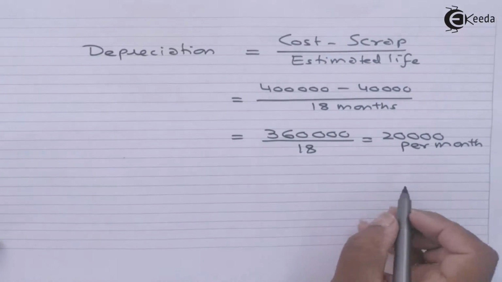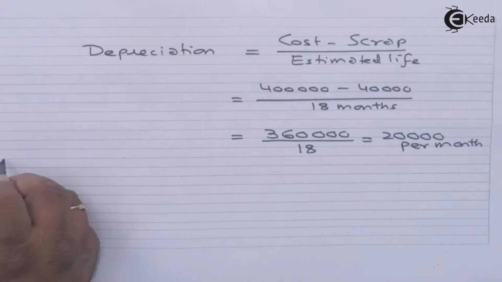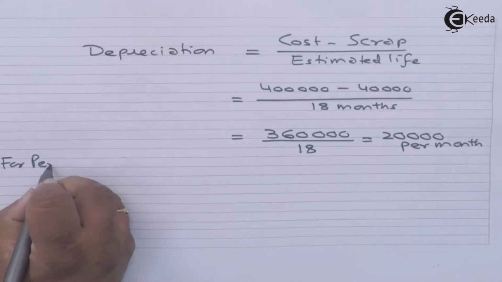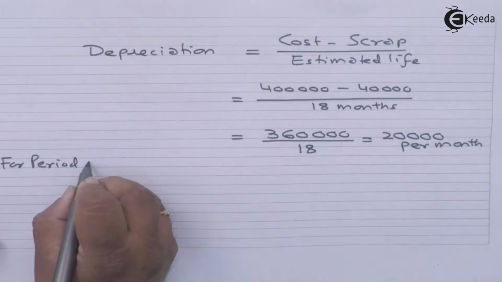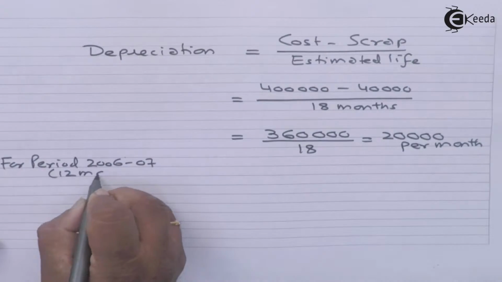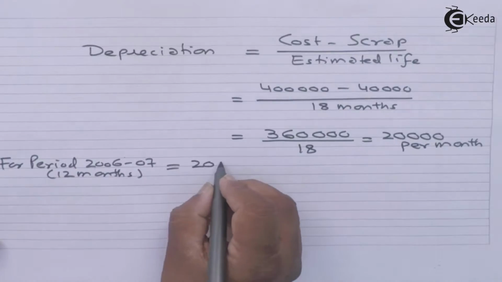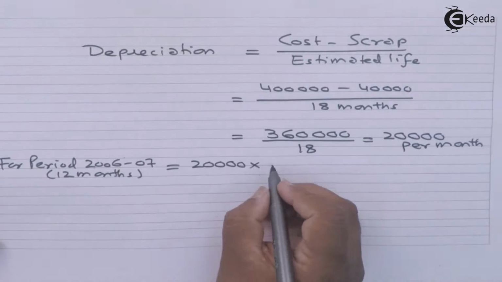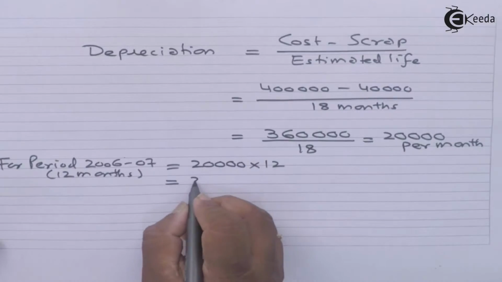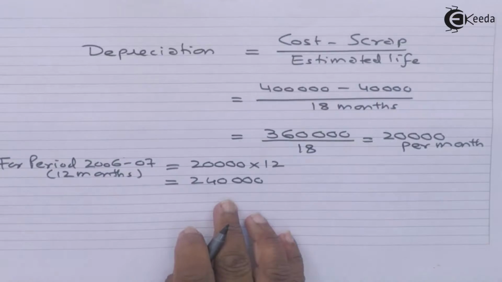So depreciation per month is 20,000. Now for the period 2006-7, that is a period of 1 year, the amount of depreciation will be 20,000 multiplied by 12, so it will be 2,40,000. This is a proportionate depreciation charge for the actual period where we have the details of actual expenditure.